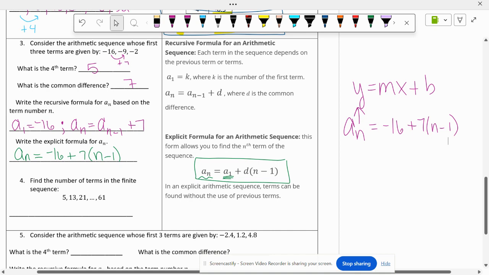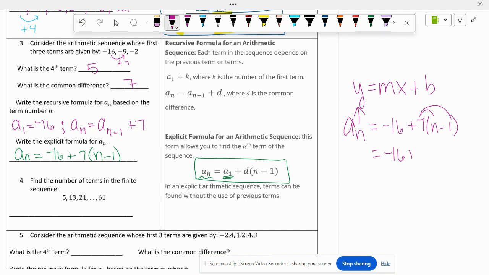What do I need to do with this 7 that's outside my parenthesis? If I want to simplify this, I have to distribute it. So A of n equals -16 plus 7n minus 7. Can I combine any like terms? Yeah, I can take -16 and -7 and add them together, and that gives me -23 plus 7n.